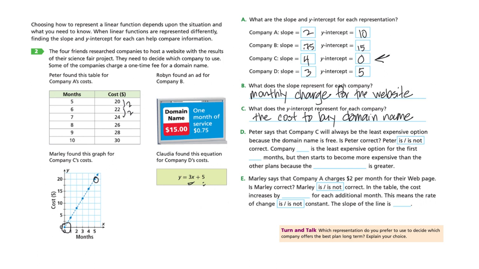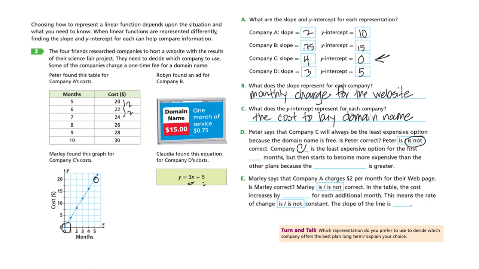So Peter says that company C will always be the least expensive option because the domain name is free. So do you think Peter is correct or not correct? Actually, he is not correct. He's not correct because company C is the least expensive at first because they don't charge that fee up front.